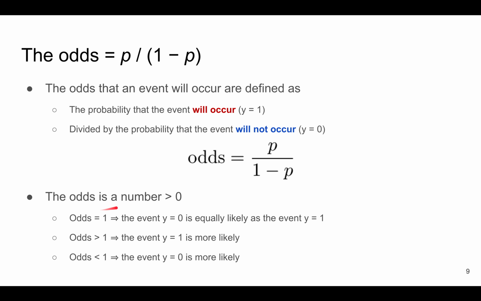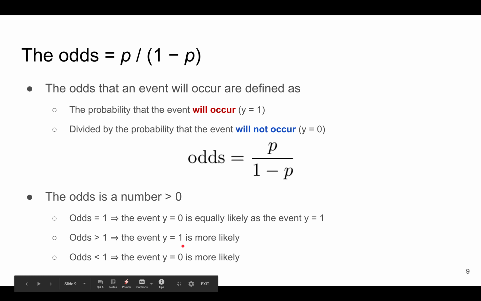Basically, the odds is a number that is always bigger than 0. If the odds are equal to 1, that means the event is equally likely to happen as it is to not happen. So basically, the probability is 0.5. If the odds are bigger than 1, that means the event is more likely to happen than not. And if the odds are less than 1, the event is more likely not to happen.